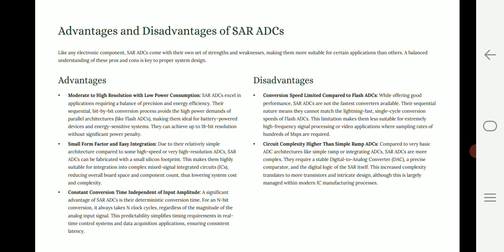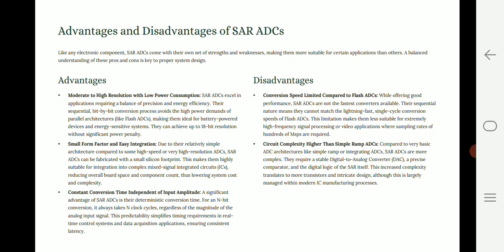And coming to the constant conversion time independent of input amplitude, the name itself indicates it. It means that the conversion time is constant, the same time, independent of input amplitude. Whatever the conversion time is, it is not dependent on the input amplitude.